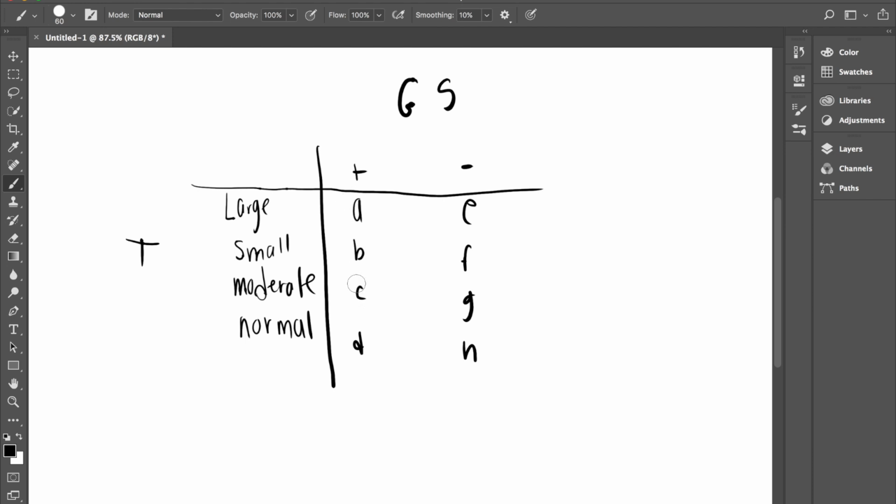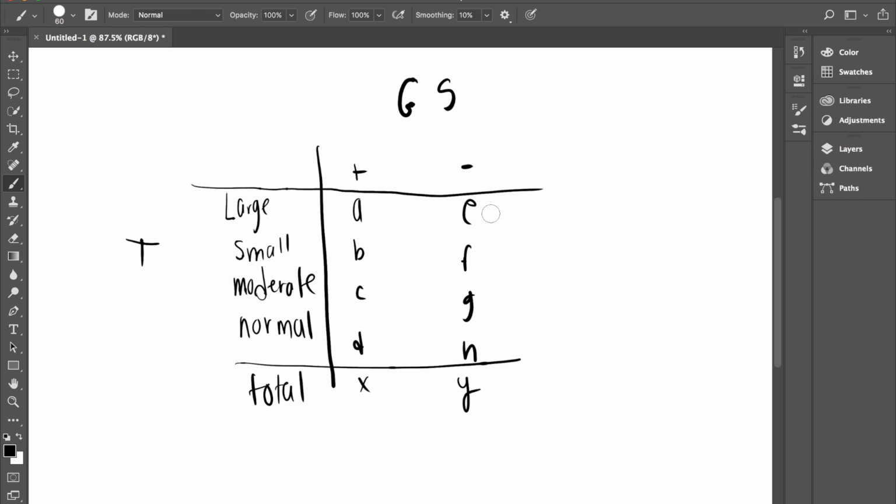So these are people who might have positive test results. For large, it might be this. For small, it might be this. So I want to calculate my sensitivity values for that. And let's say I have a total here, and let's call this X and Y.